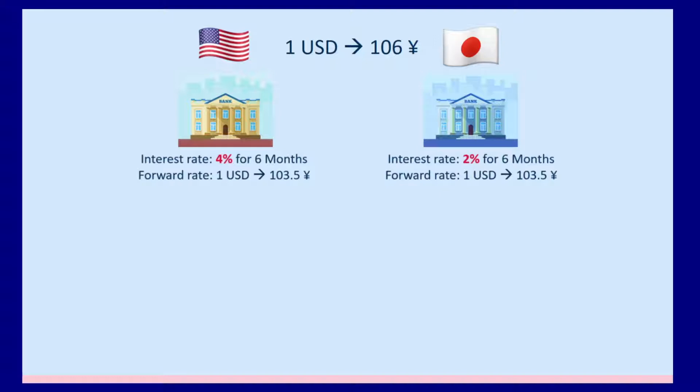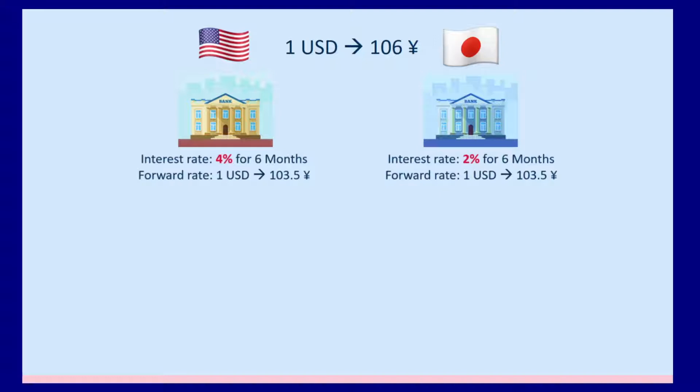And let's say the exchange rate from US dollars to Japanese yen today is 1 US dollar buys 106 Japanese yen. And you ask the banks, hey, what's the forward rate? If I would want to exchange some US dollars to Japanese yen or some Japanese yen to US dollars in 6 months, not today, but in 6 months, how much would I get?